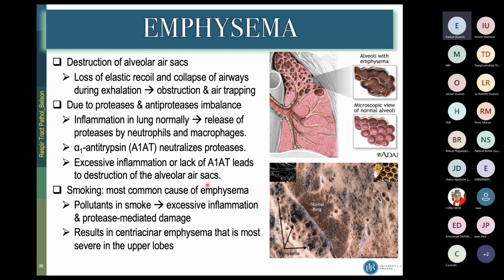Ariko se hari n'ishobora guterwa n'icyo twakwita icyitari traumatism, itewe n'ikibazo cy'amaprotease, protease and antiproteases imbalance. So they say that inflammation in the lung normally will cause the release of protease by neutrophils and macrophages. And alpha-1 antitrypsin, A1AT, will neutralize the proteases. Proteases, understand, these are enzymes which will destroy proteins. Excessive inflammation or lack of alpha-1 antitrypsin will lead to destruction of the alveolar air sacs.